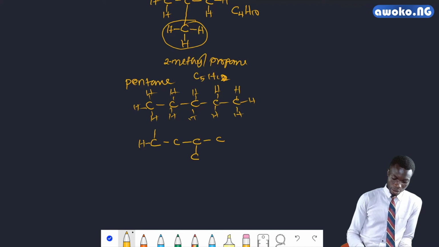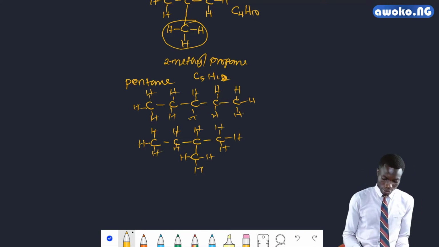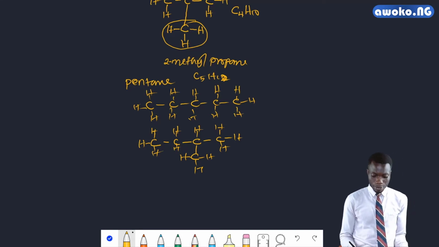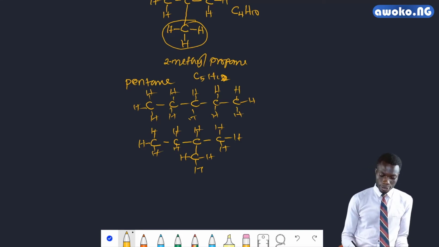So this is H here, H here, H here, H here, H here, H here, H here, this other one, and then you have hydrogen here, and then hydrogen here. Now we can see that there are 5 carbon here and there are 12 hydrogen, but then it is not the same in structure as it.